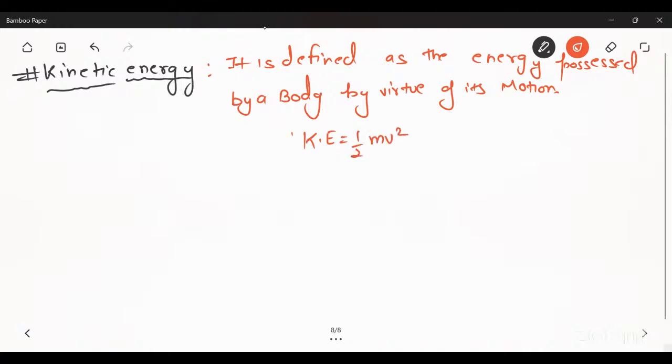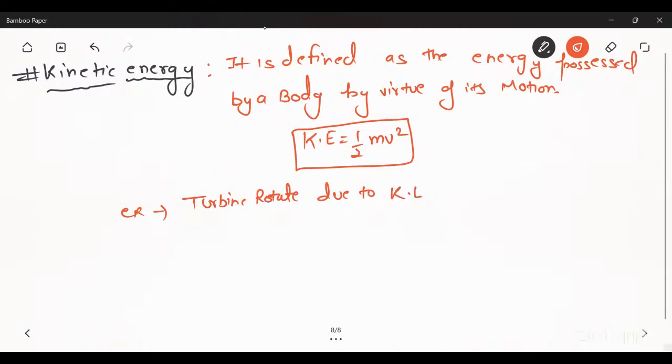Now the examples of kinetic energy are: a turbine rotates due to kinetic energy.